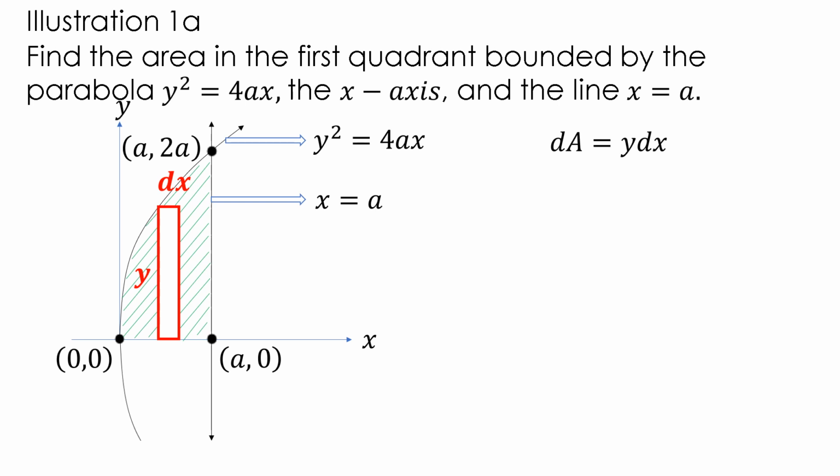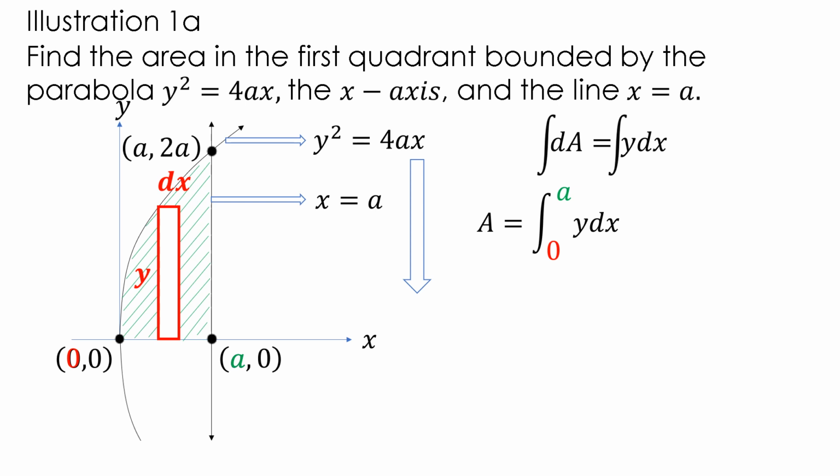Y is the length and dx is the width of the element. Integrating both sides, we get the area or A is equal to the integral of y dx. The lower limit is 0 and the upper limit is a.